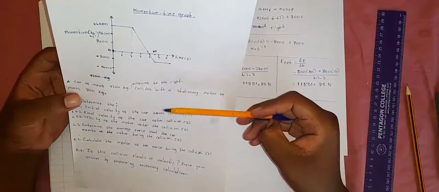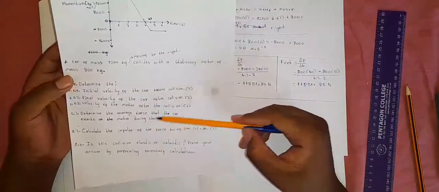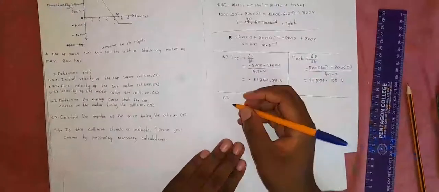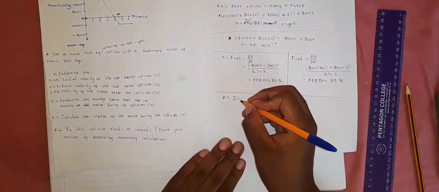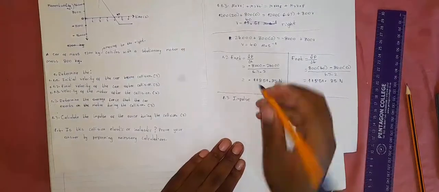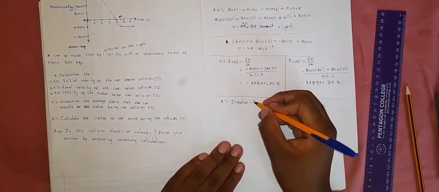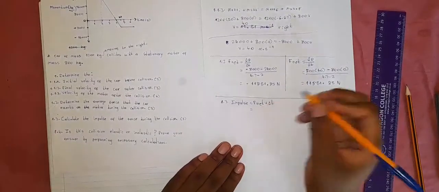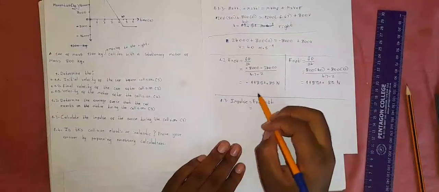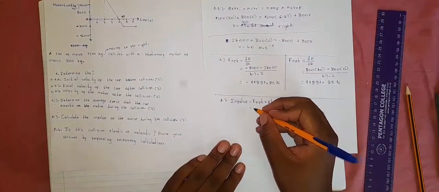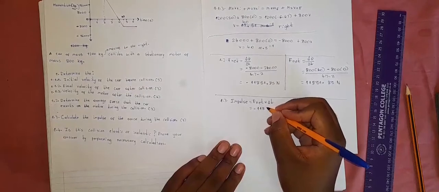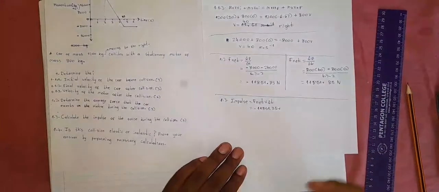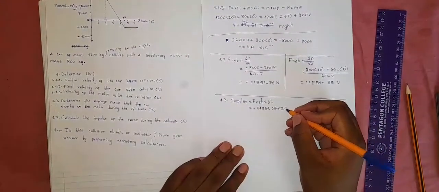And to calculate the impulse, we can use F net times time. So the impulse is equal to F net times the change in time. We calculated the net force, so the impulse is negative 11,851.85 times, what is the time during collision? Of course, it is 2.7 seconds.